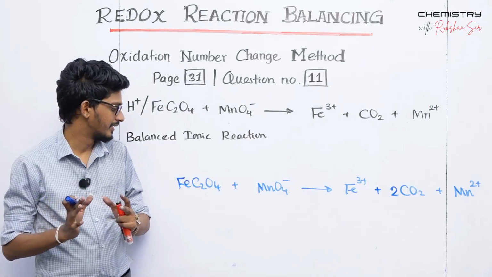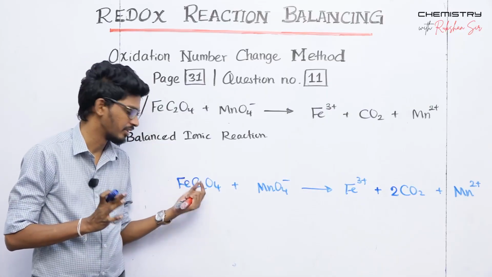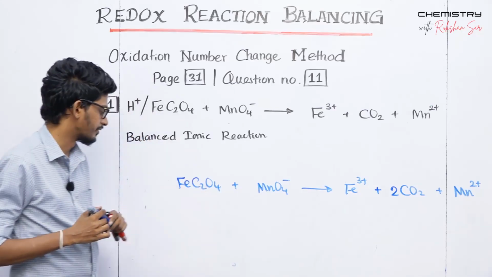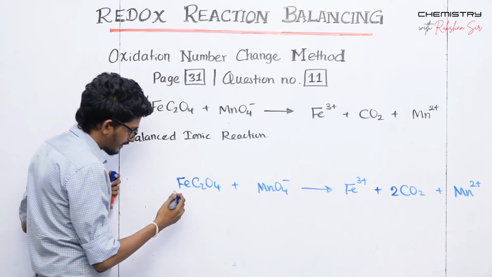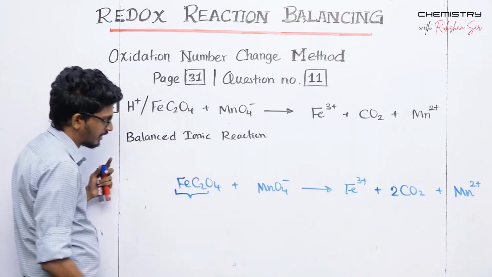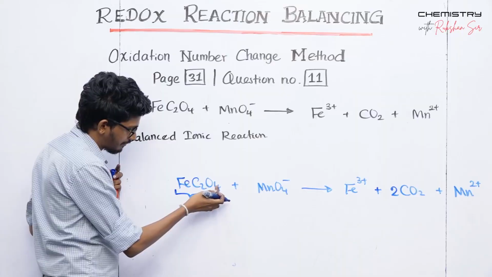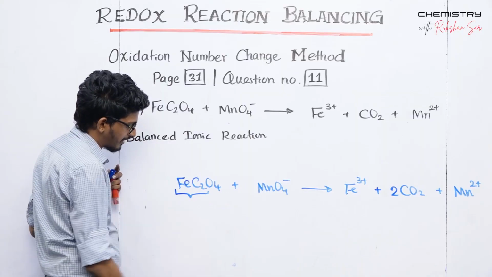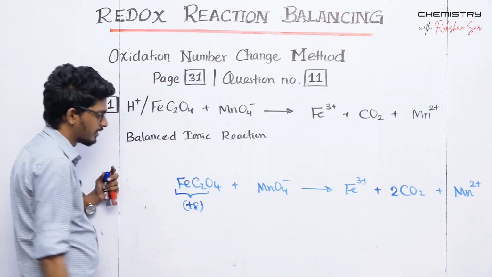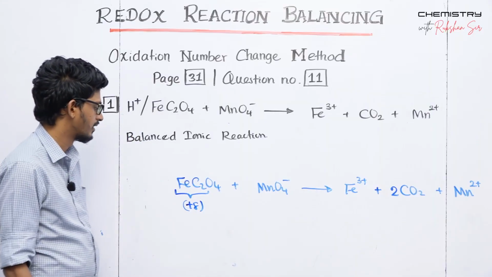No need of taking the iron value and carbon value separately. Just take those values at once. So the oxygens here are 4 into -2, which is -8. So these two should carry some +8.